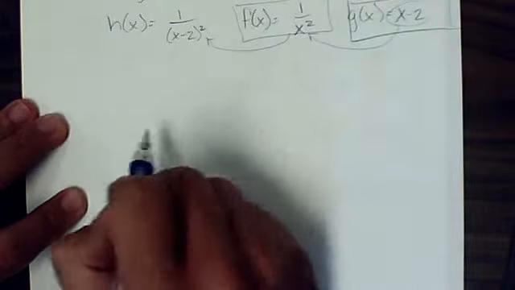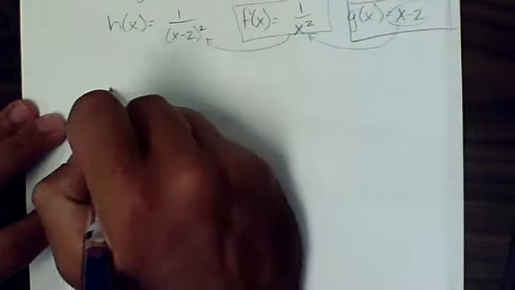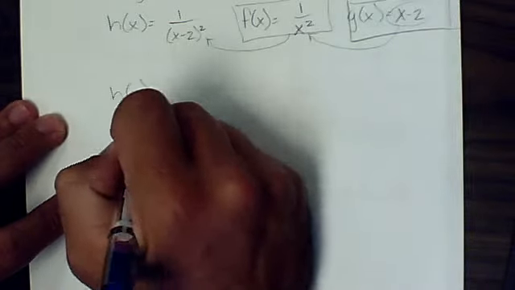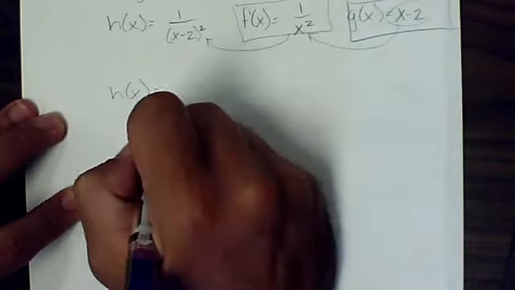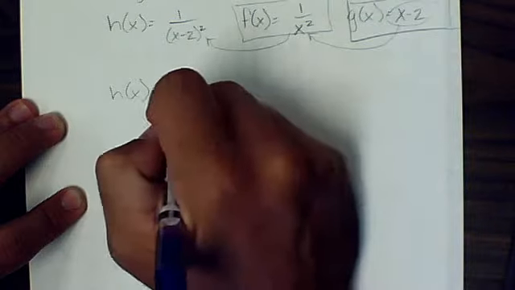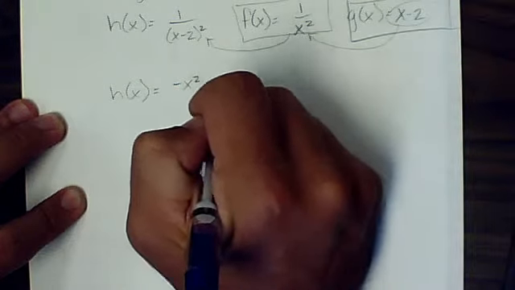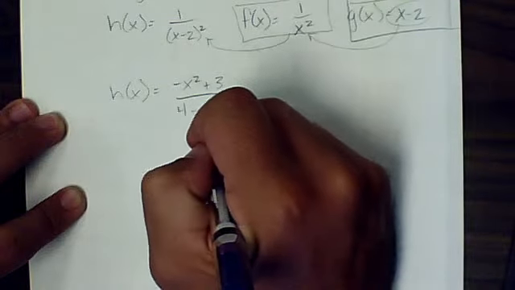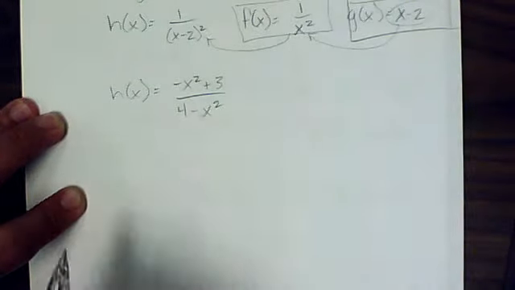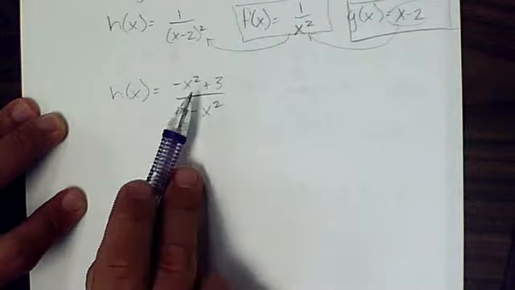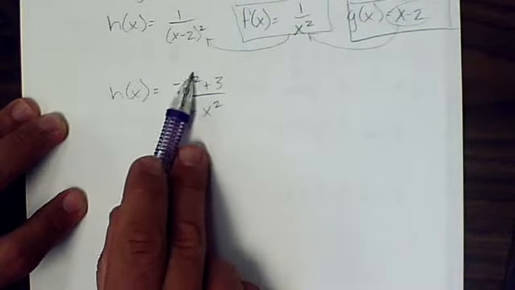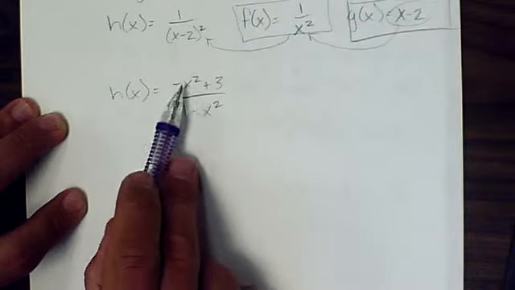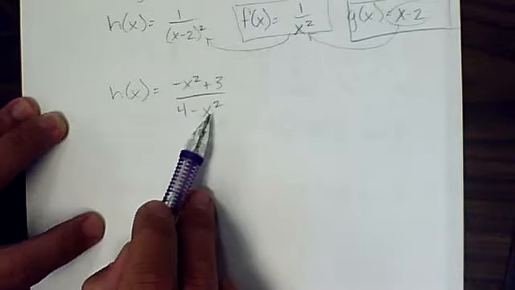Let's do one more. If h of x equals negative x squared plus 3 over 4 minus x squared. Well, by looking at this, I notice that I have something common in the numerator and the denominator.